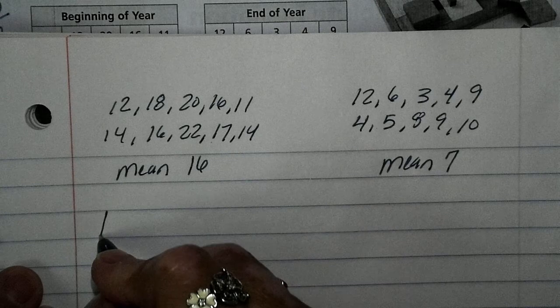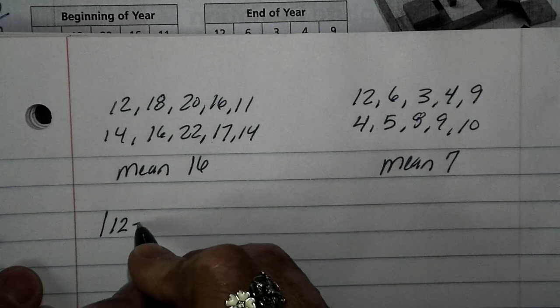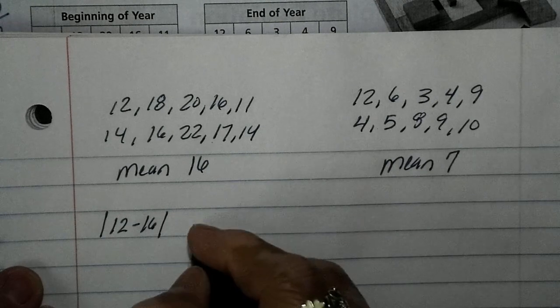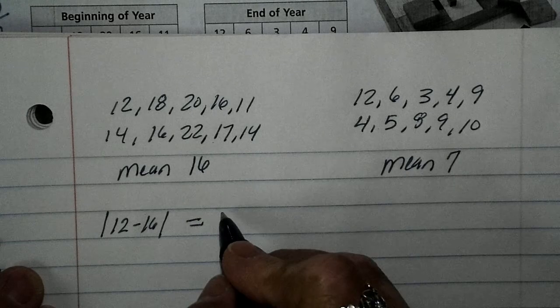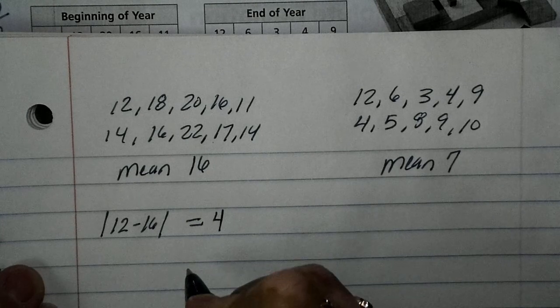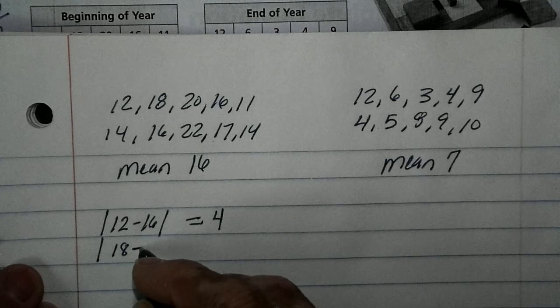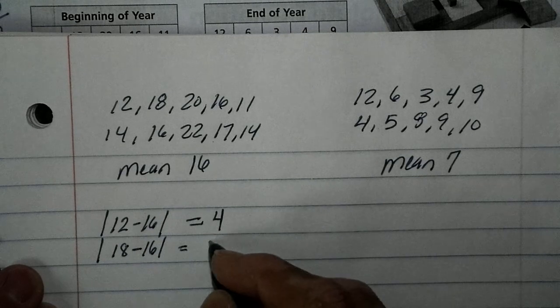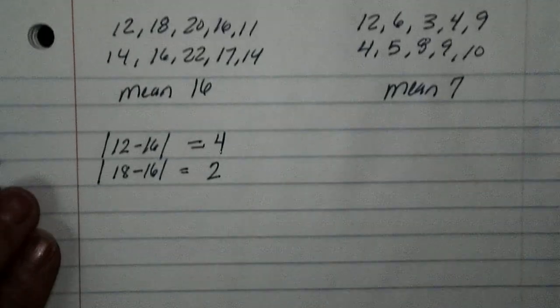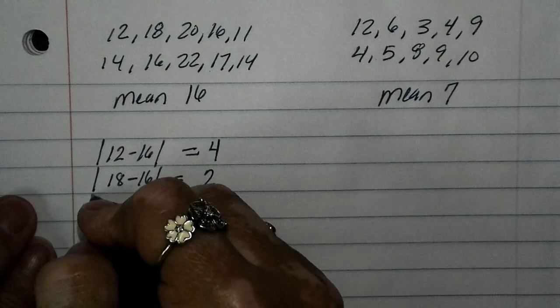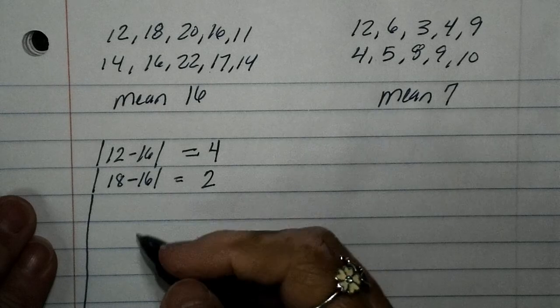All right, so absolute value, 12 minus 16. So that would be positive 4. Absolute value, 18 minus 16. So that would be 2. I'm just going to draw a line down for absolute value.